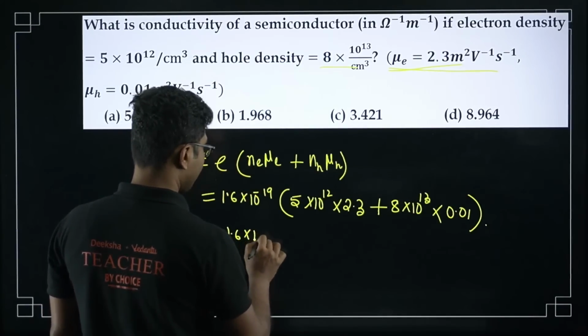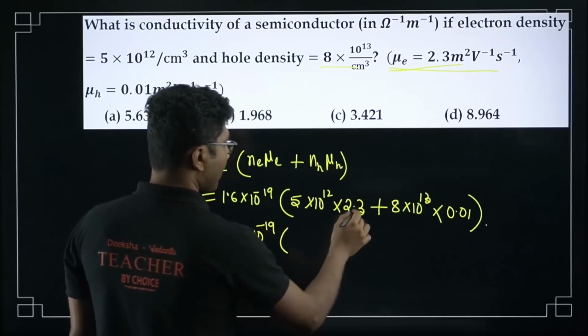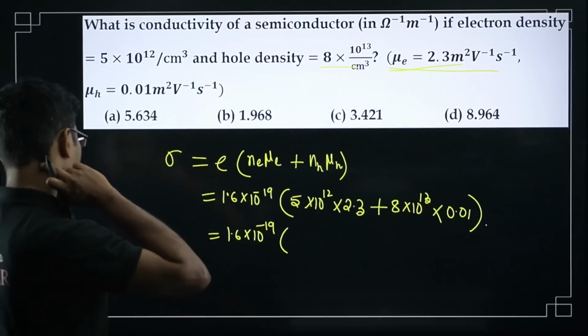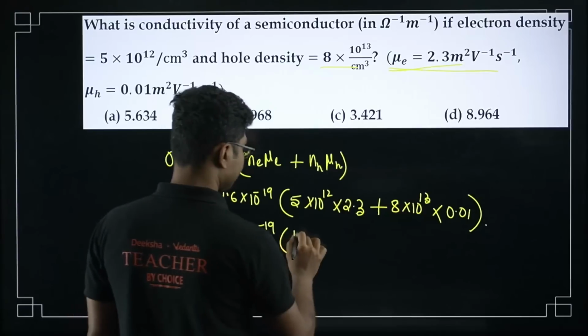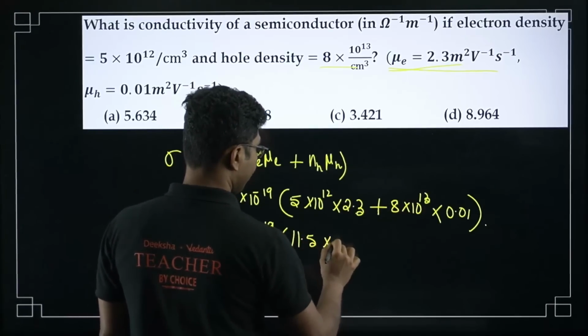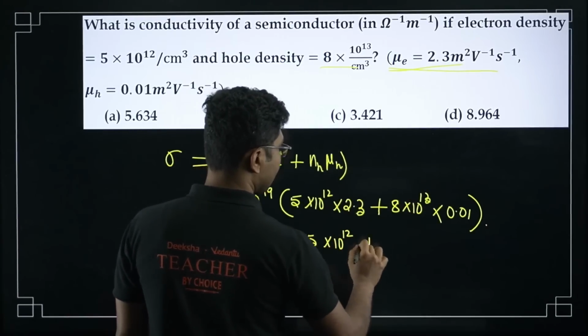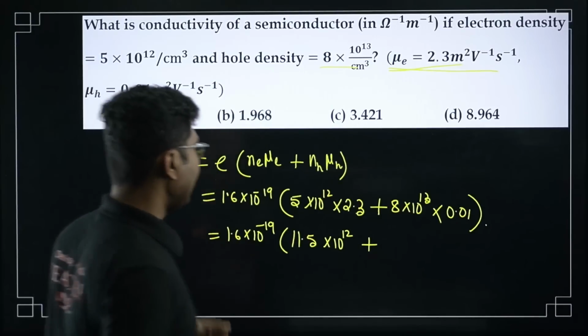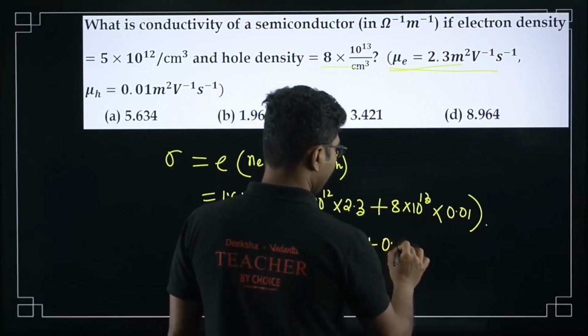1.6 into 10 to the power of minus 19, 5 into 2.3 is 11.5 into 10 to the power of 12, plus here it will be 0.8 into 10 to the power of 12.